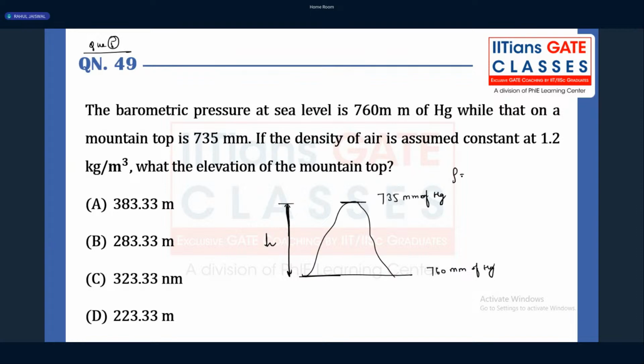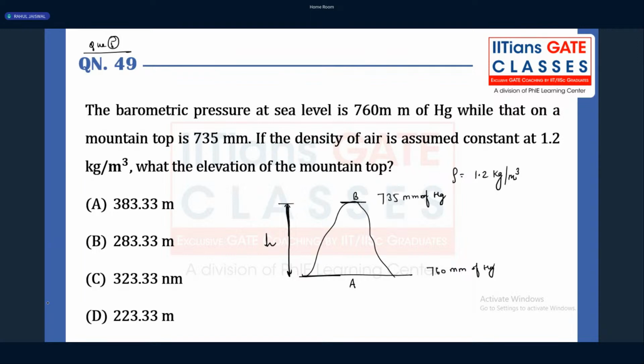Assume the air density as 1.2 kilogram per meter cube. So again, we can take this as a point B, we can take this as a point A, and we can take the difference of this pressure, and then we can calculate the values.